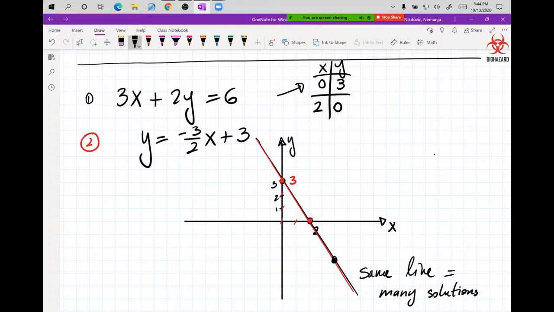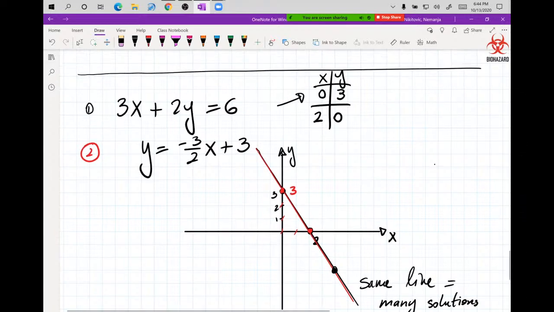And the reason why so many points work is because there are infinitely many solutions, but they all have to be on this line. You cannot put a point right there and try that point, because that one would not work, because it's not on the line. But any point you pick from the line, when you have this situation, would give you the correct answer.